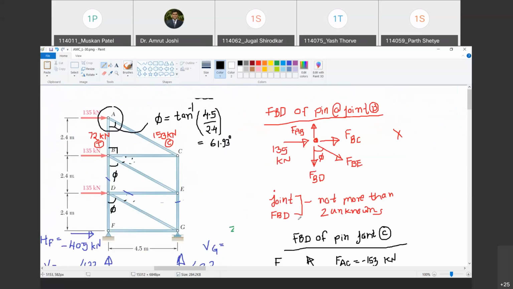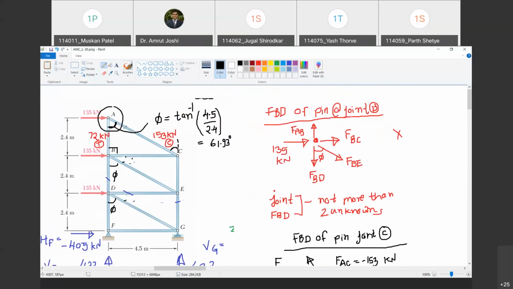Now tell me, what is the angle that this FAC makes with the vertical? Phi? No. Why not? FAC makes an angle phi with the vertical. So therefore, if I draw a vertical line here, by Z angles, or what do you call it, alternate angles, right?